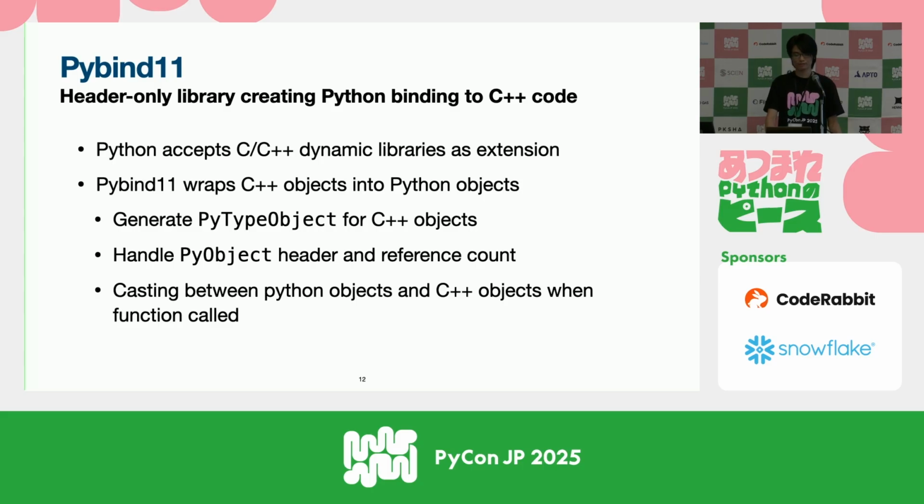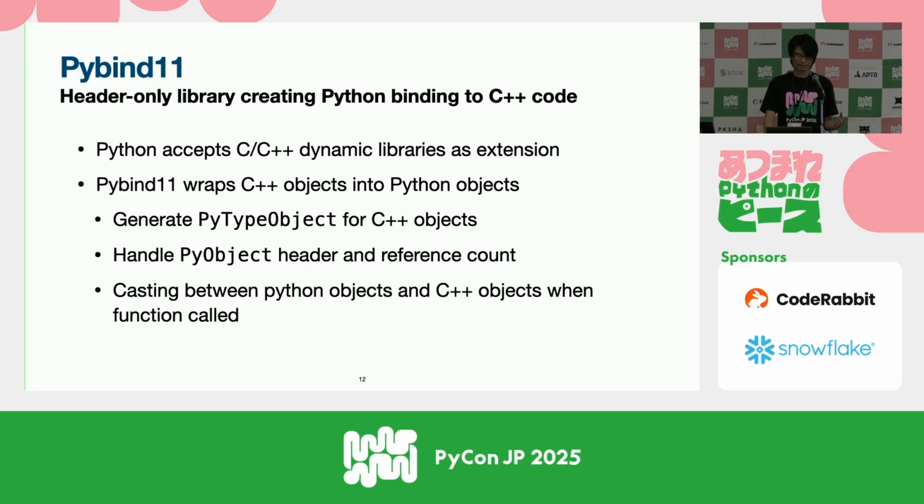So it basically just wraps the C++ object into a Python object by first generating the PyType object for our C++ object. So it will list the names of those functions for us in the PyType object, so that the Python interpreter can know what is in our object. And then it handles the PyObject header for us, and also the reference count.